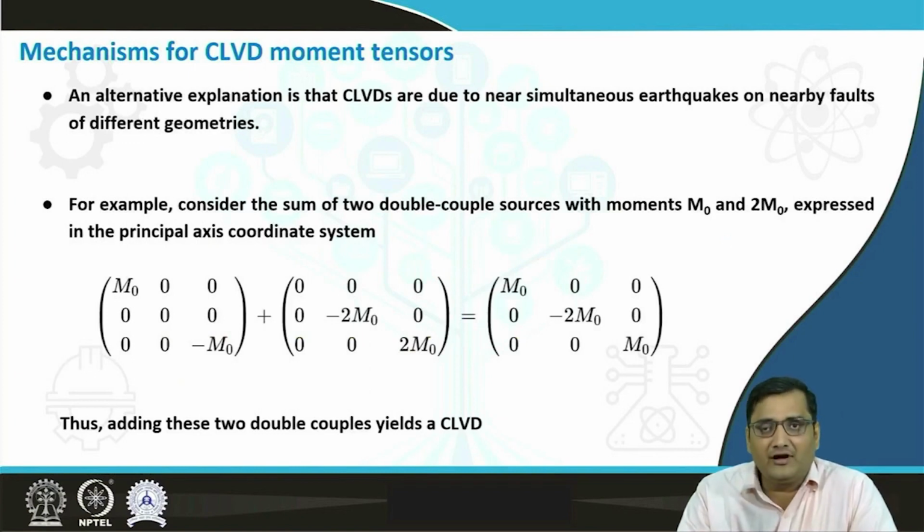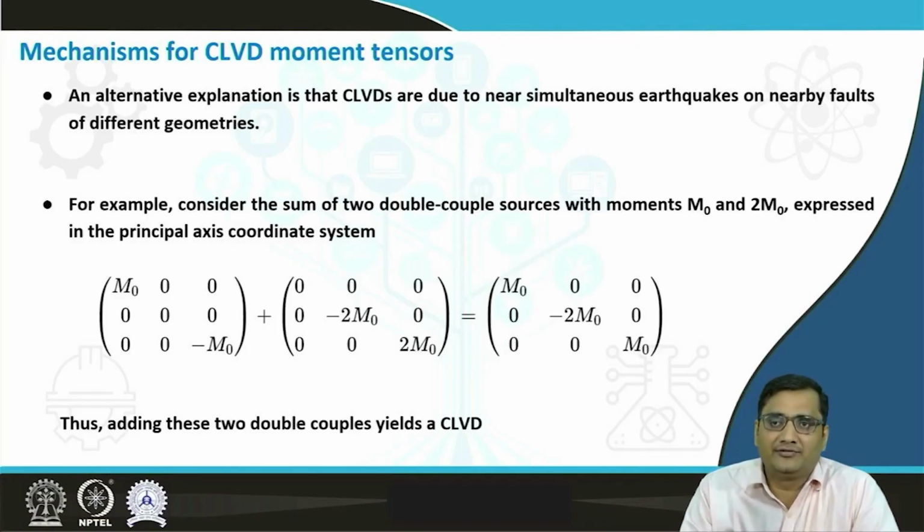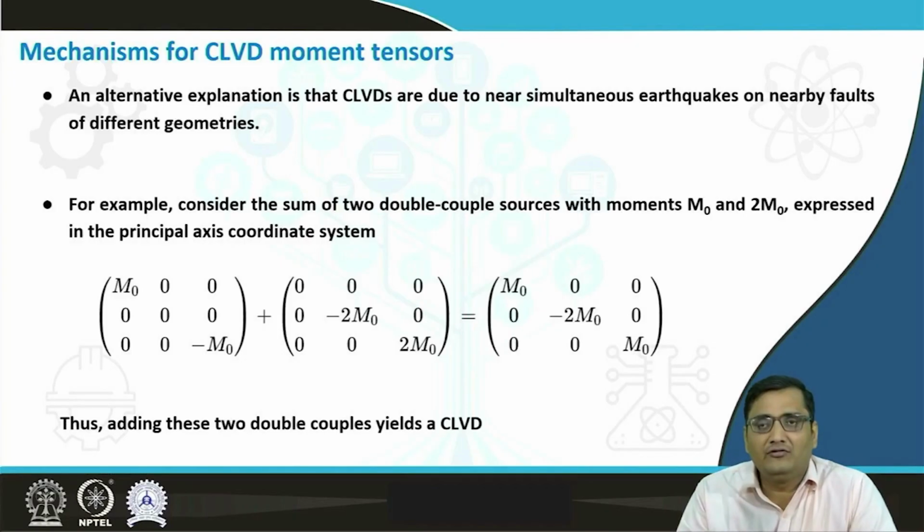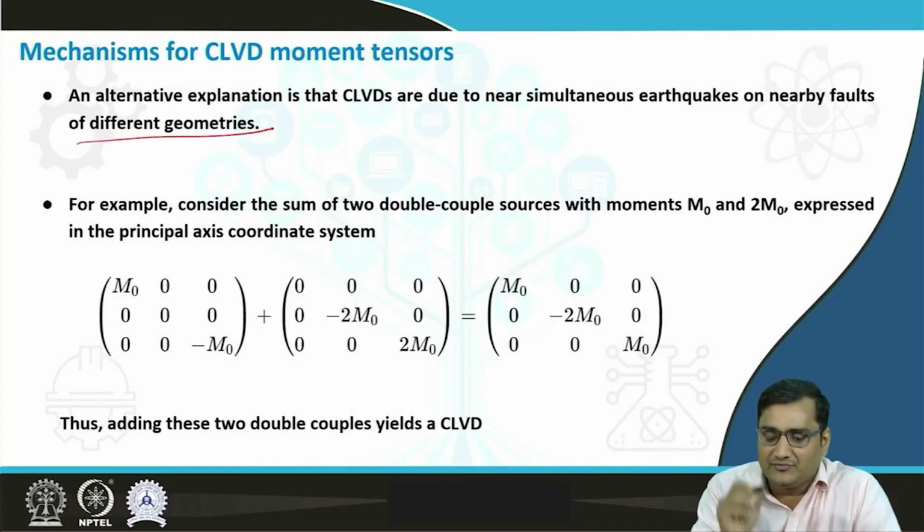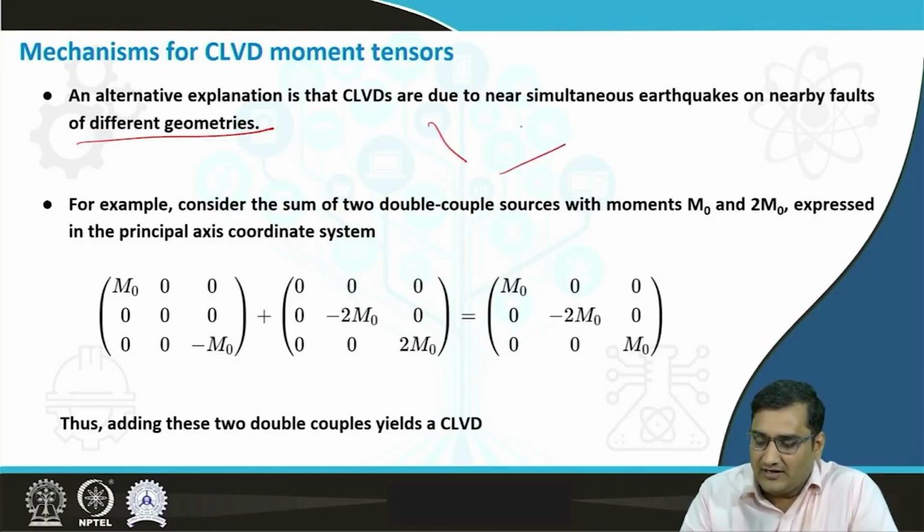An alternative explanation was also proposed, that is the second explanation for the mechanism of the CLVD. A CLVD can also be produced due to simultaneous earthquakes happening nearby on faults of different geometries. So let's suppose there are two faults, one fault, another fault, and there are two earthquakes, and together they can represent the CLVD.